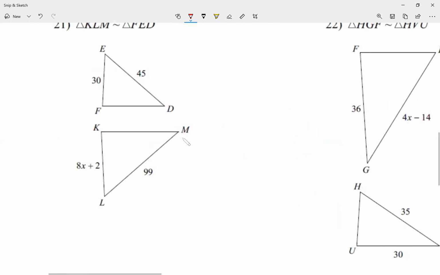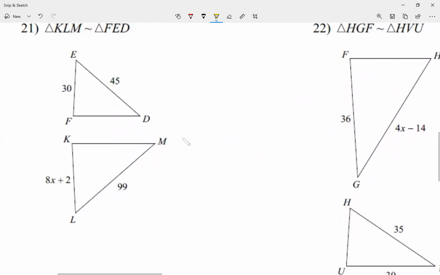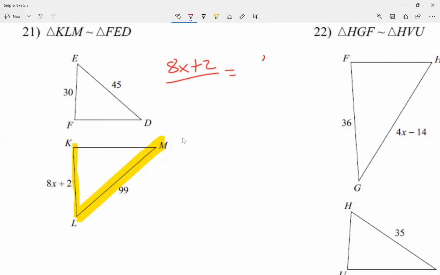All right, let's take a look at number 21. I see where x is, so I'm going to use the measurements 8x plus 2 and 99. Now, if 8x plus 2 is smaller than 99, it goes with 30.